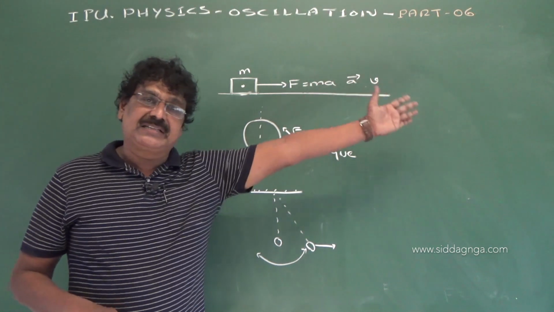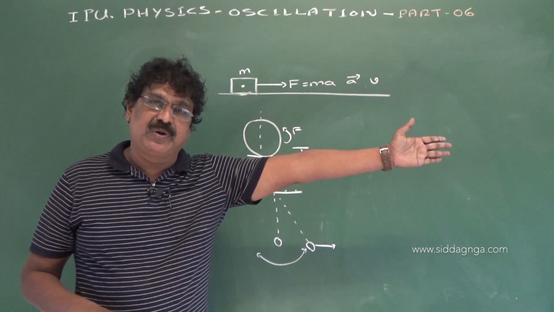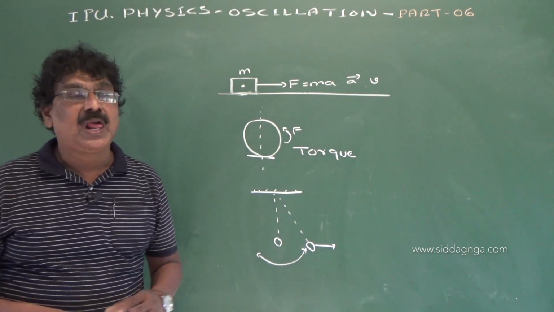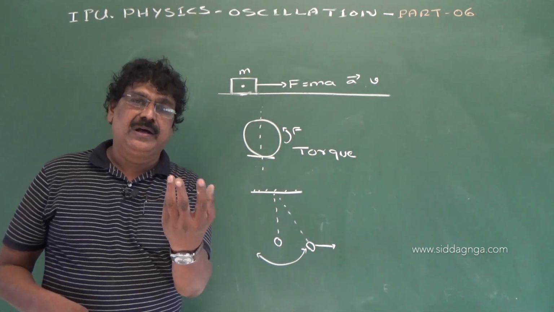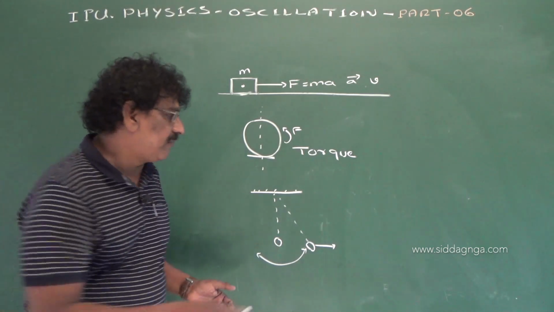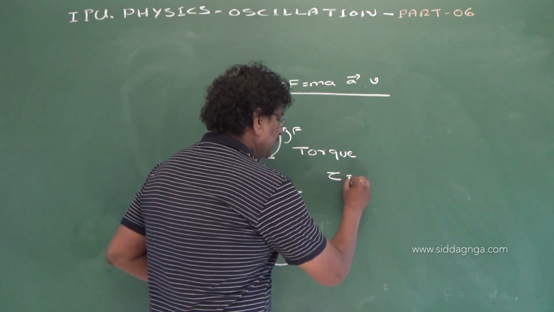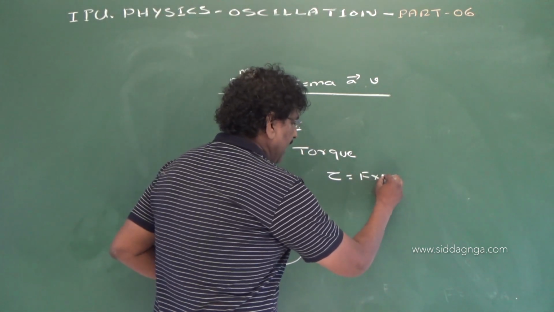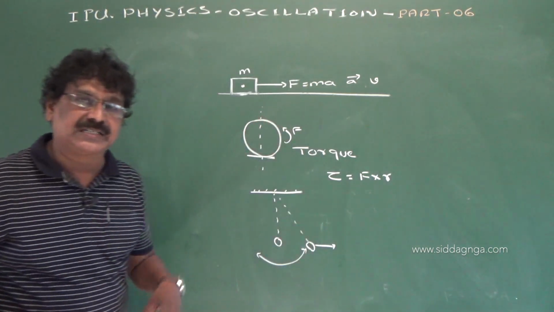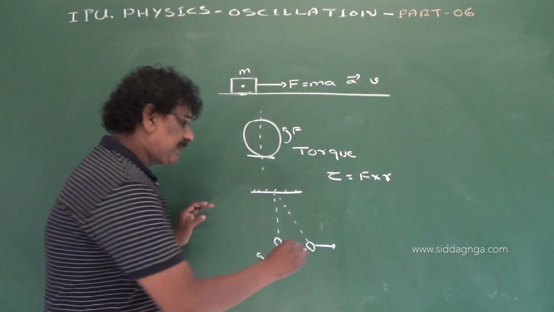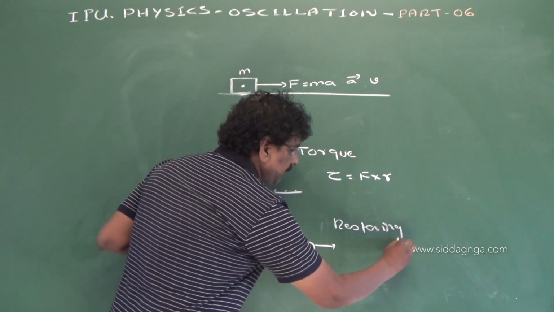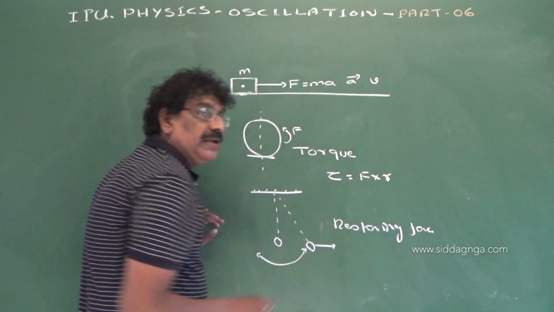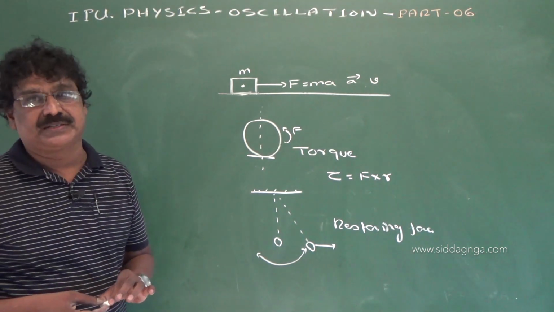Here, any external unbalanced force can produce translational motion. Only a torque can produce rotational motion. And of course, this torque is the product of force and perpendicular distance. We will discuss it later. But here, the force is called restoring force.